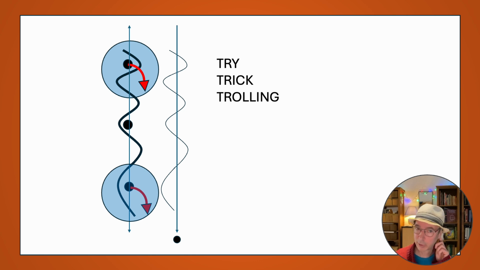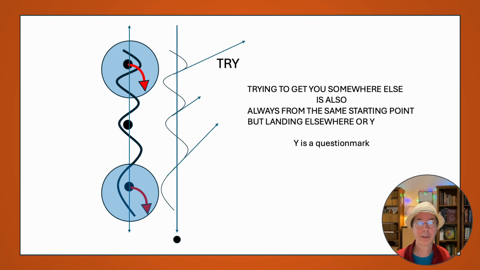And then you have some words that become a bit tricky, let's say, like try, trick, or trolling. They also start from this one position and from that vibration. But you have the extra letters that divide it to somewhere else, like tried, it goes to why. Why is like a question mark indeed. It goes to somewhere else, which isn't defined yet. So it is like you have this vibration, I'm ready for it, and yes, go.